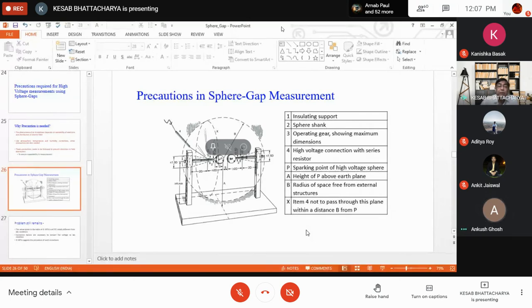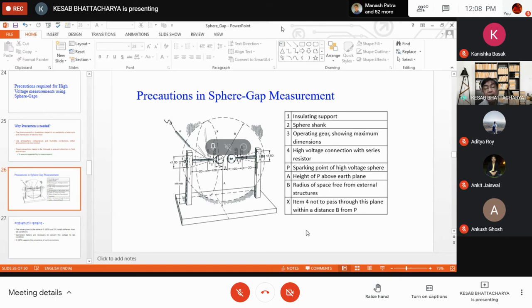Yes, item 4 is actually the high voltage connection, no? So around any high voltage line, electric fields are created. So if you allow the high voltage connection to pass through very close proximity of the two spheres, then the electric field due to the high voltage lines will also affect the field configuration between the two spheres, which is not desirable.